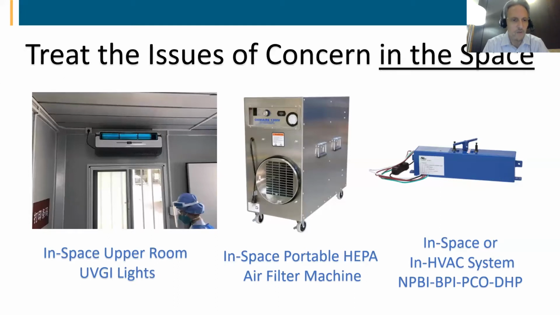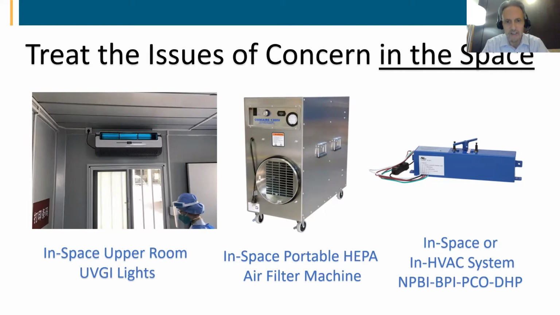One device like this will typically cover about 200 square feet of surface area. So in a generously sized room, you may end up with 4 or 5 or 6 of these mounted along the outside perimeter of the building, all with the light shooting up towards the ceiling, all taking advantage of circulation in the space to help move the biological components through the light so that the light can inactivate them.